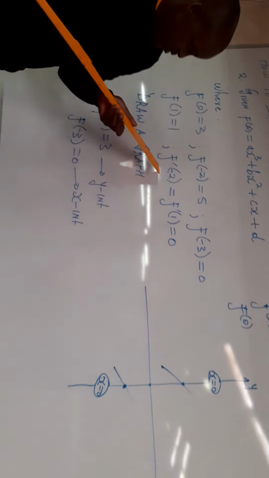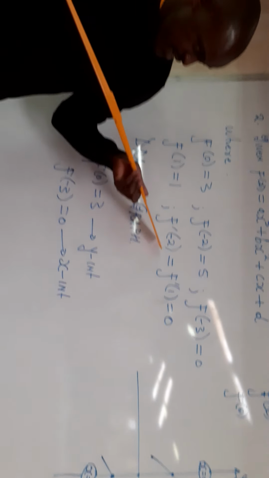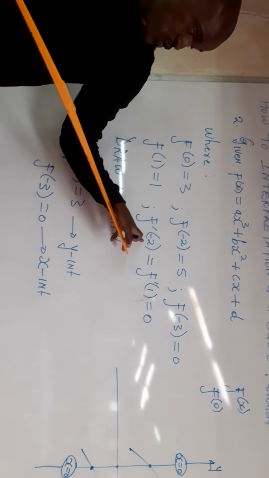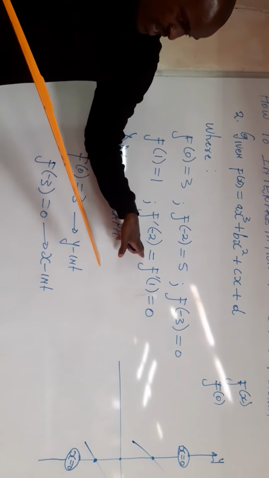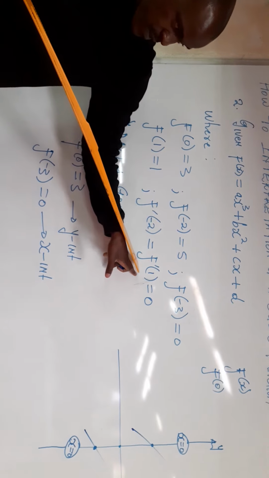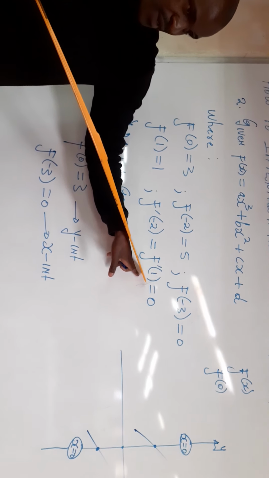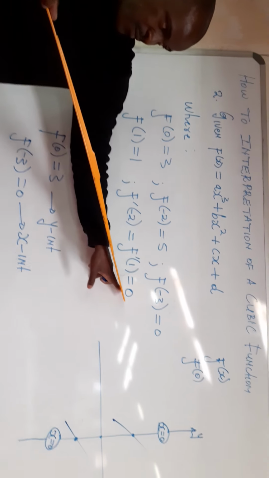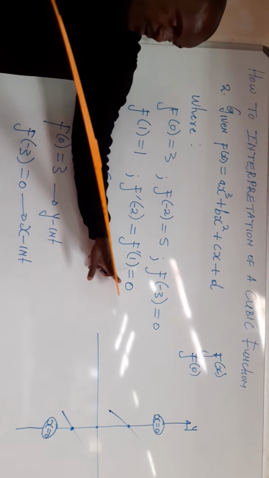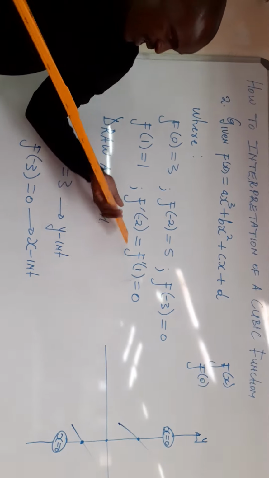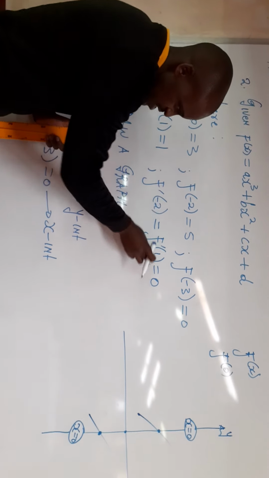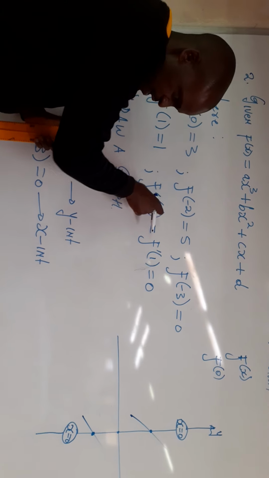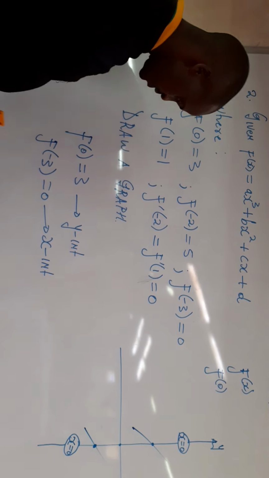That's the reason why we say this. The gradient at negative 2, which means the gradient where x is equal to negative 2, will be the same as the gradient where x is equal to 1. That gradient is at the turning point because the gradient at the turning point is 0, which means these values of x are the x values at the stationary point.